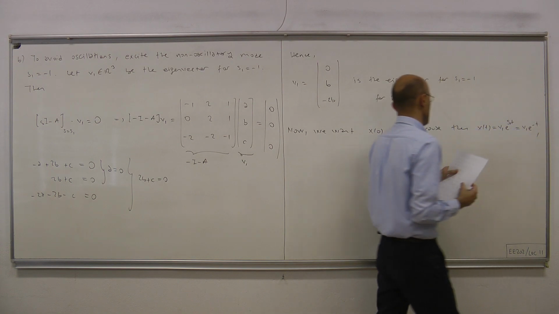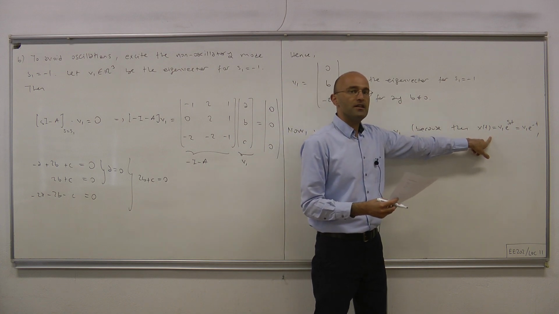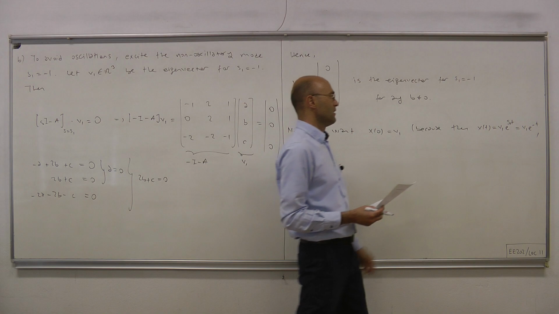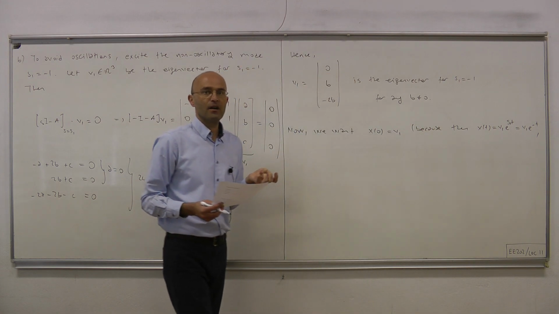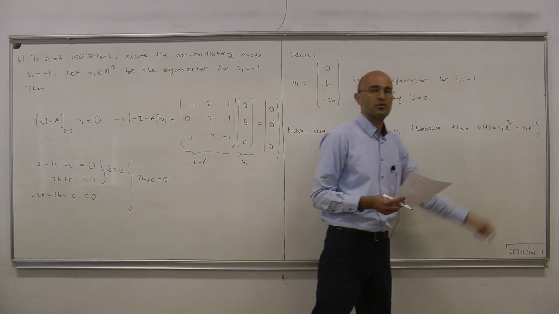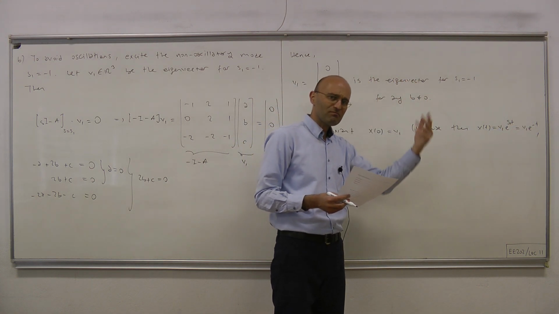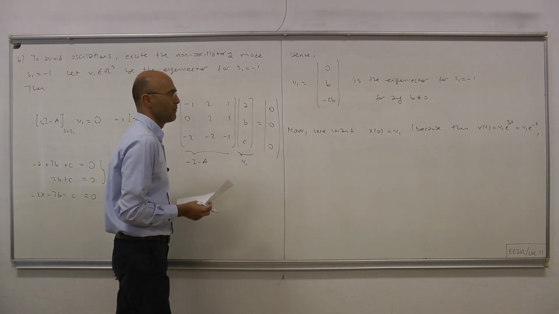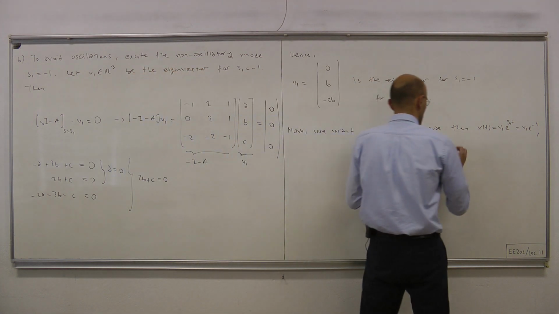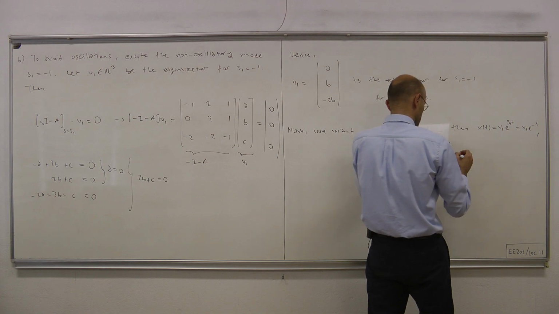And if x of t is V1 times e to the minus t, that means all the capacitor voltages and the inductor currents will be of this form, something times e to the minus t, and then consequently all the other branch currents and voltages will be of that form. In other words, there will be no oscillations.